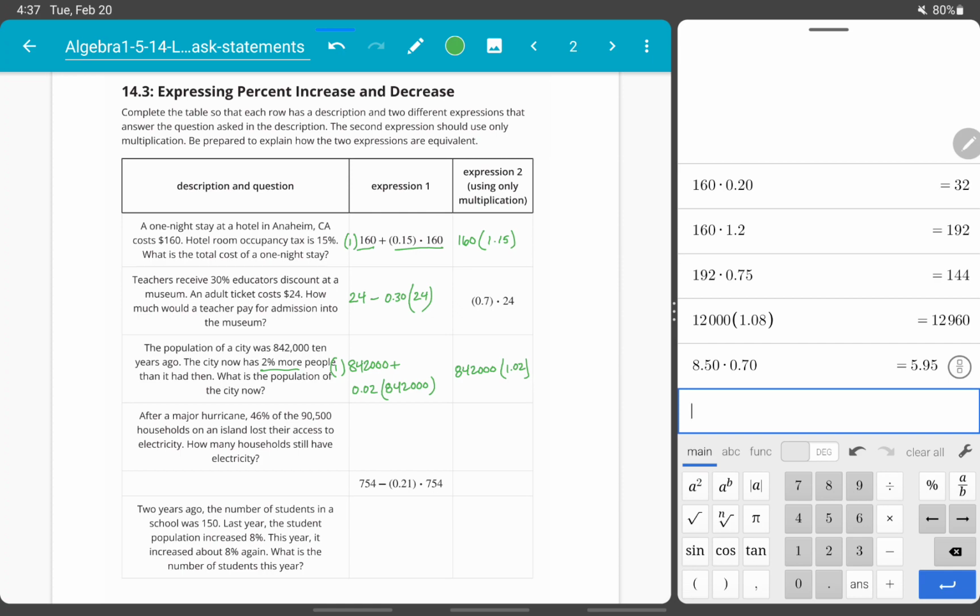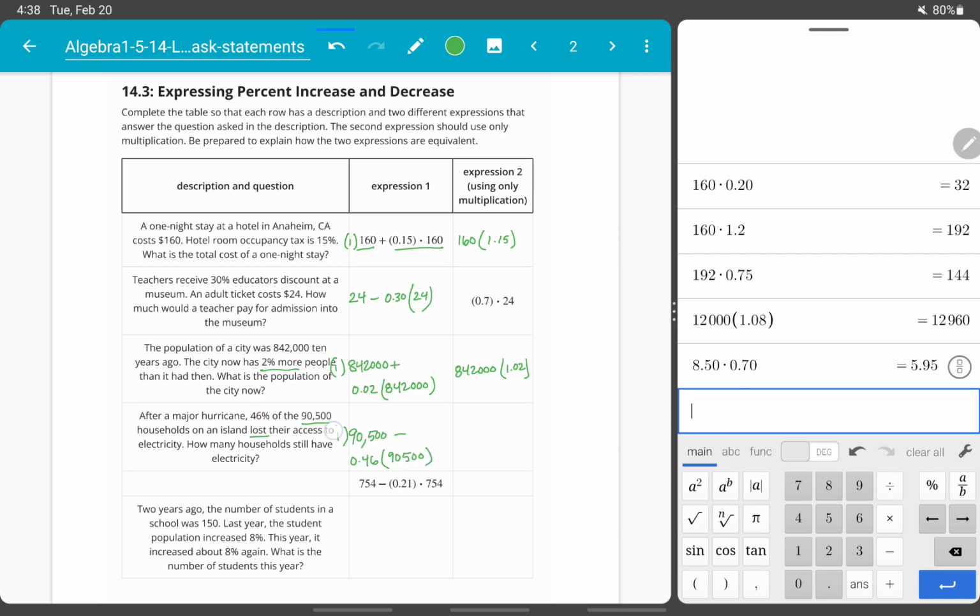Our fourth description says, after a major hurricane, 46% of the 90,500 households on an island lost their access to electricity. How many households still have electricity? So let's see, since we start out with 90,500, and we're losing access, so that would be subtraction, and then we're losing 46% of that, so that would be 0.46 of our 90,500 people.